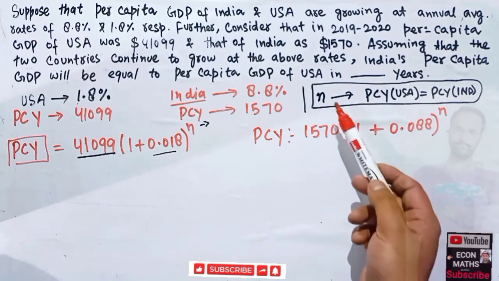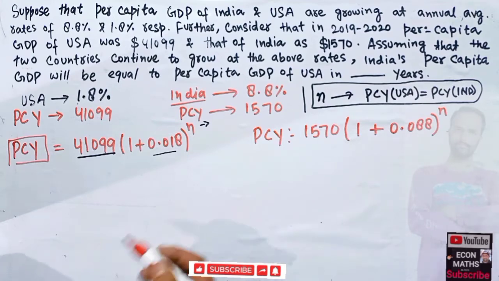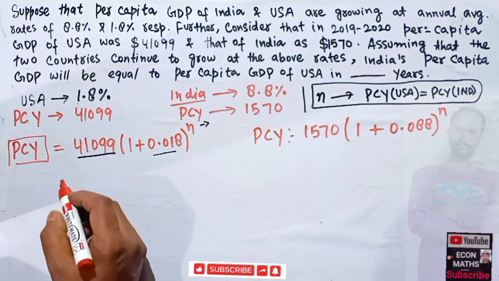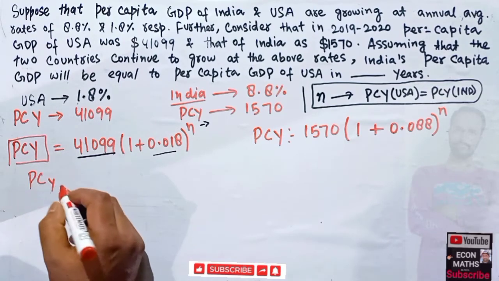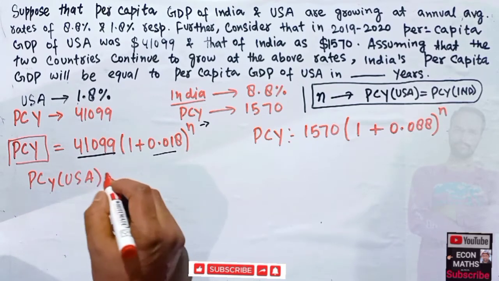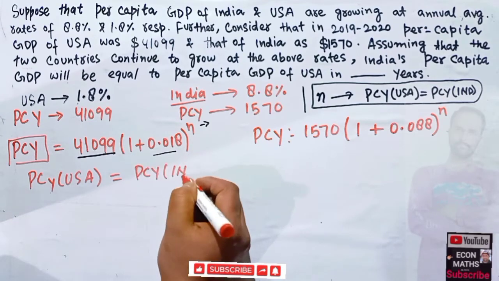We are assuming that after n years their per capita income will be equal, so we can just equate these two equations. Per capita income of USA after n years equals per capita income of India.